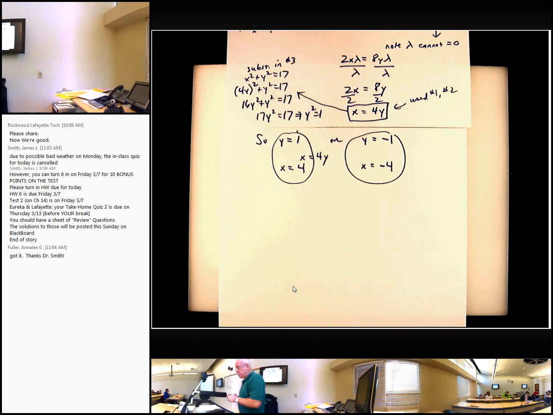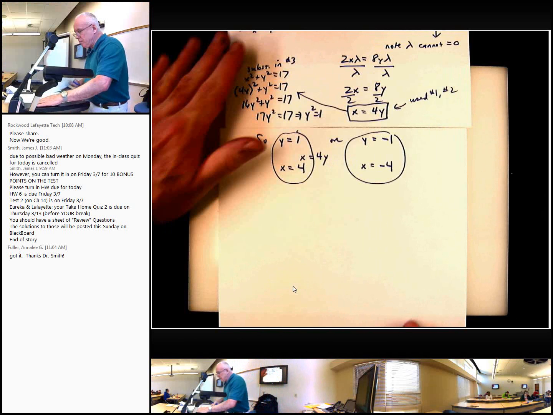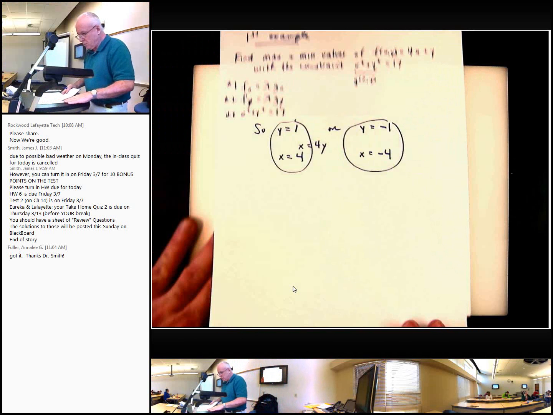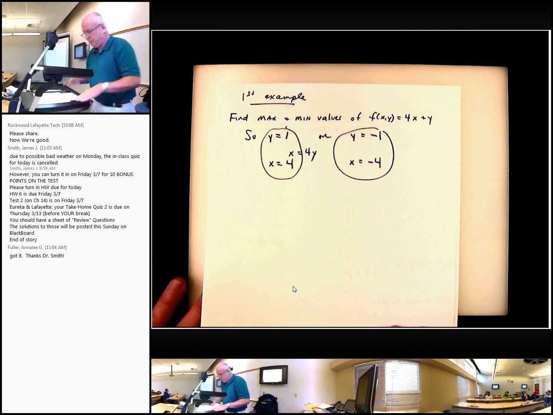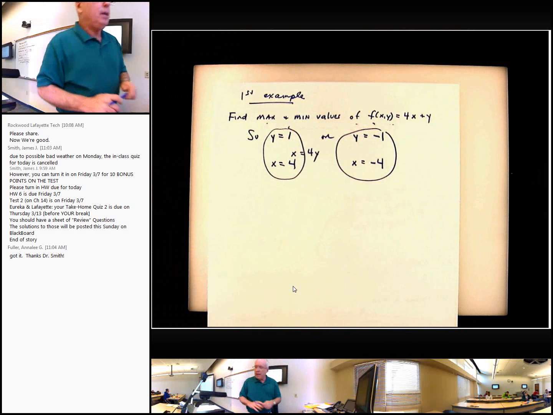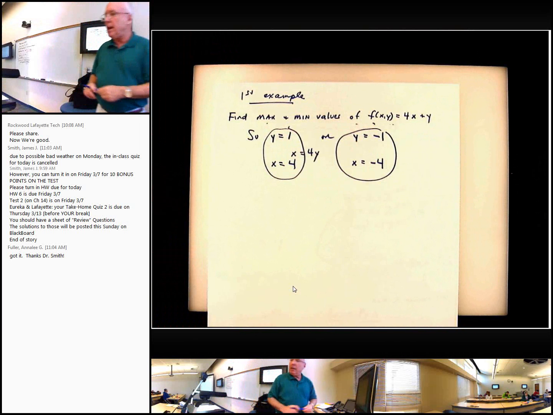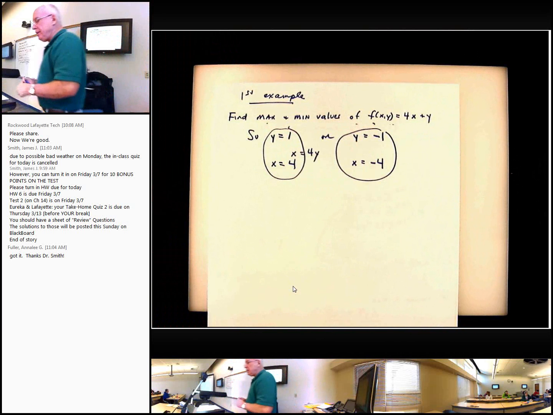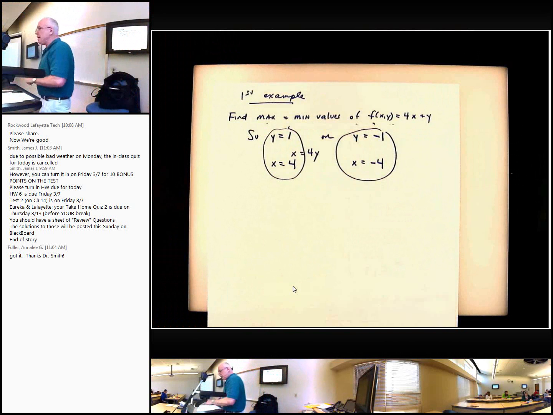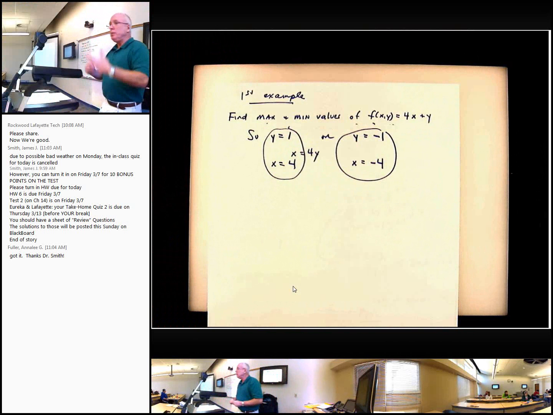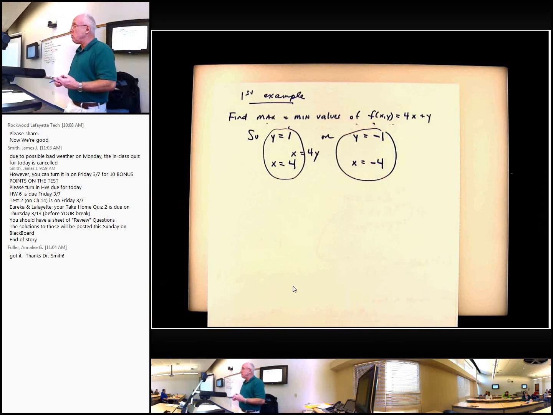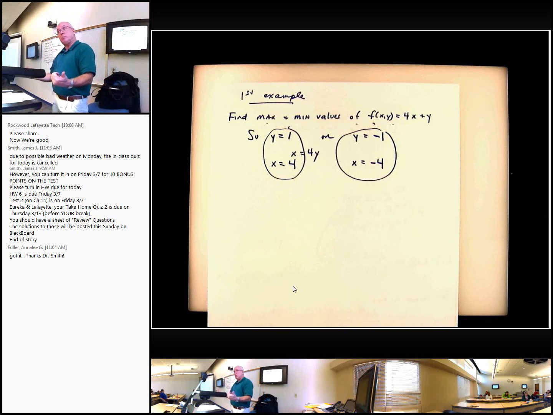Okay. Now let's remember, what is it that we're asking for? We're going back up here, we're asking for the maximum and the minimum values of this function for x plus y. So we take our pairs of x, y, plug it in, and we'll get a number, and we do it for the second pair, and we'll get a number for the f function.